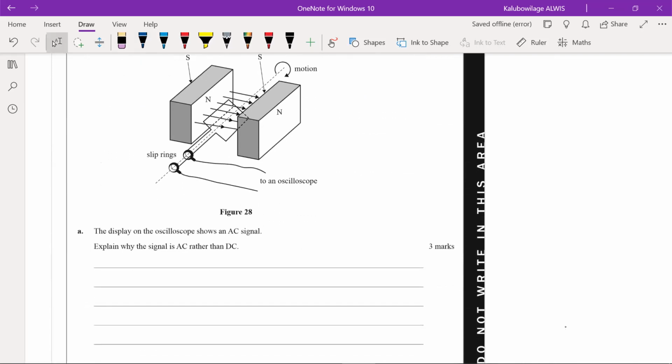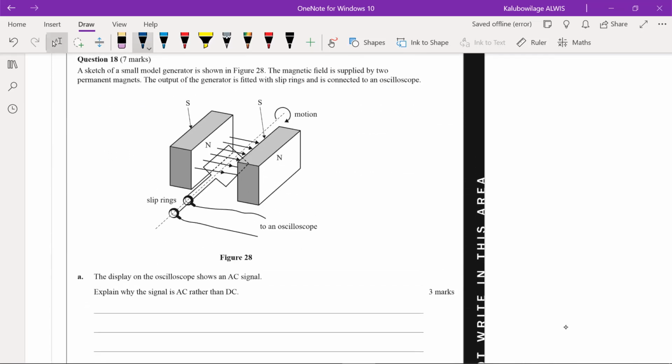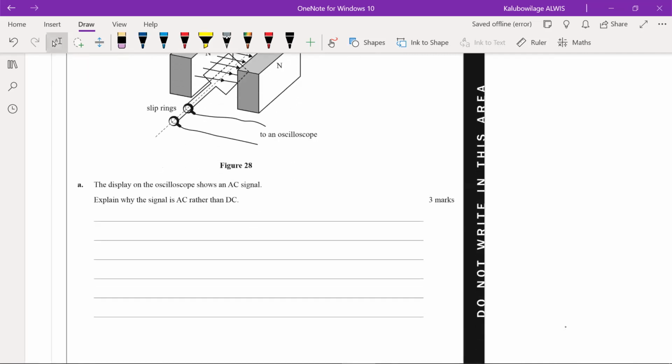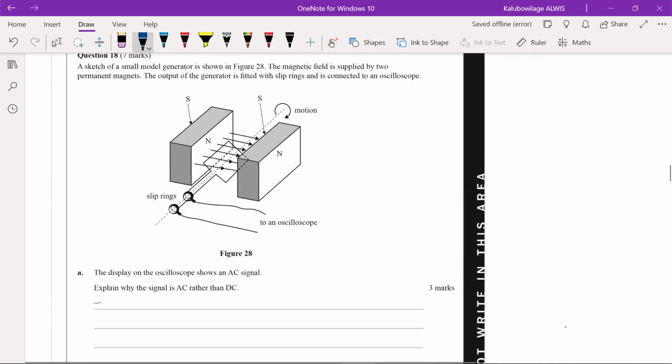The graph also shows an AC signal. This would be expected because they're using slip rings. It's a generator, right?